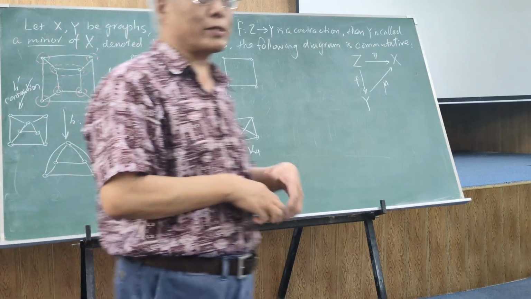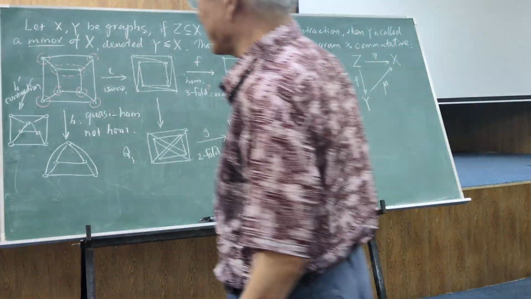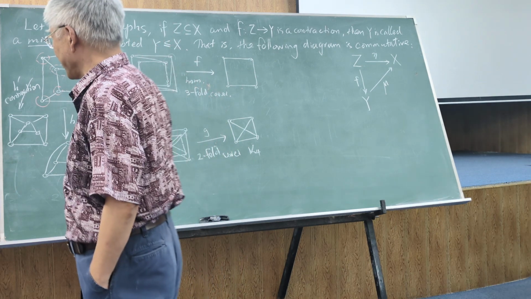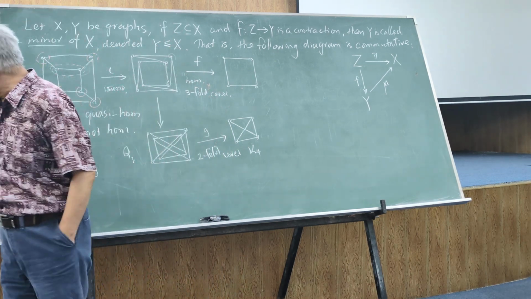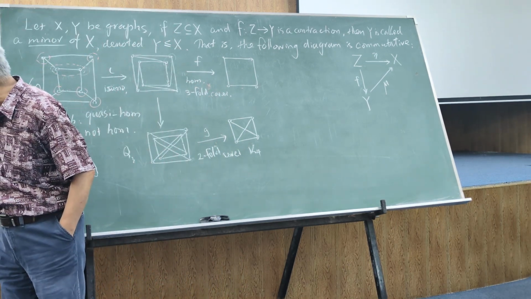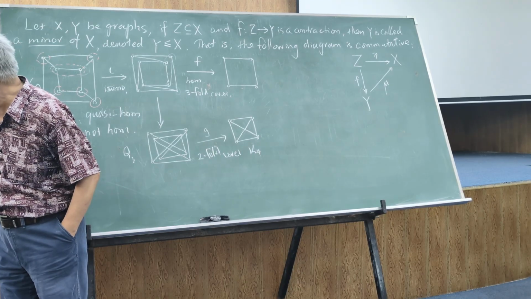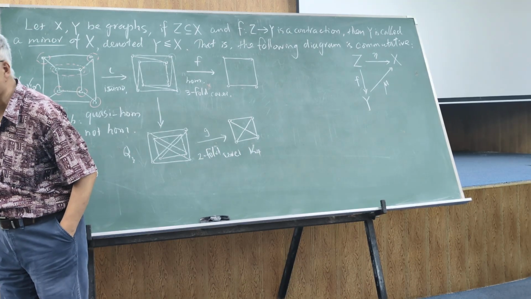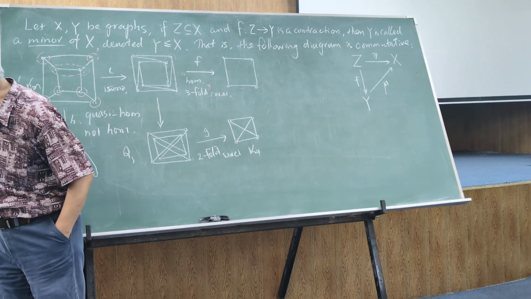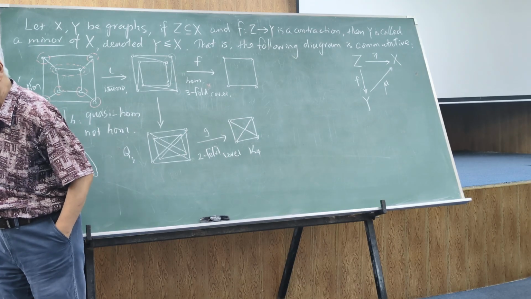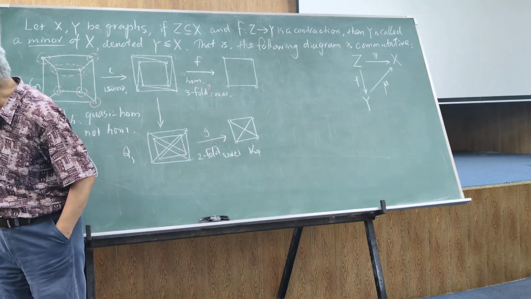May I erase? Could you explain a little bit more about contraction and what this notation actually is? Yeah. So this is the inverse, this is the vertex in X. In Y. You said this is a partition of... Yeah, partition. This is a vertex in Y, not big V. Okay.